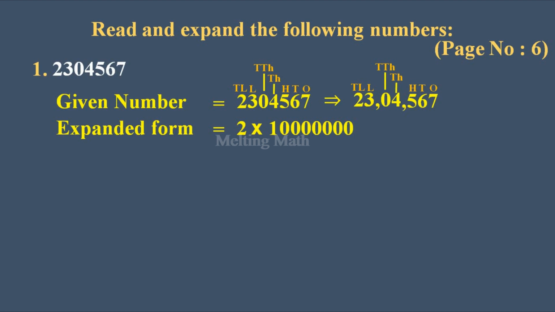Then plus, see the next digit, that is 3 in the lakh place, so just write 3 and multiply with 1 lakh. 1 lakh means first write 1, we know lakh means 5 digits of 0, so write 5 zeros with it.